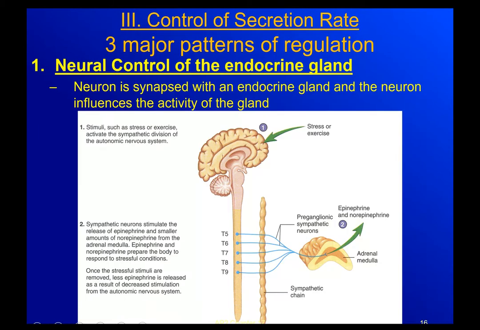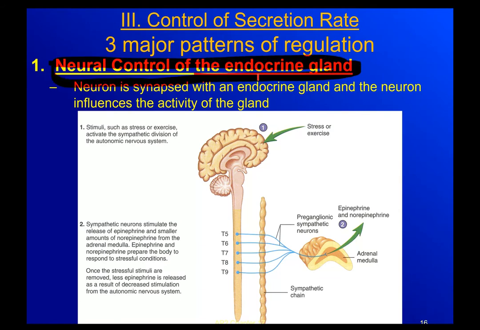Second one, neuronal or neural control of endocrine gland. What does it mean? It means that neurons are the ones sending the signal to an endocrine gland to release the hormone. We just talked about this in the last chapter. The adrenal gland.